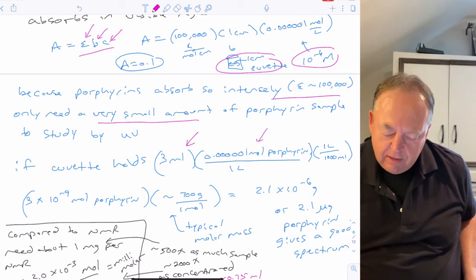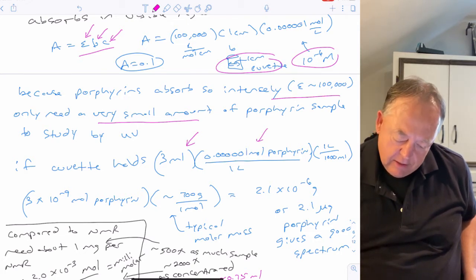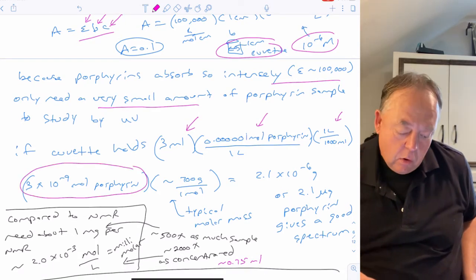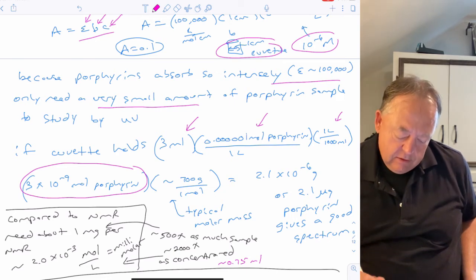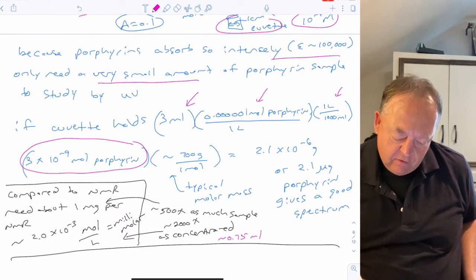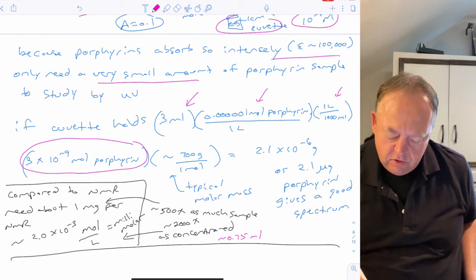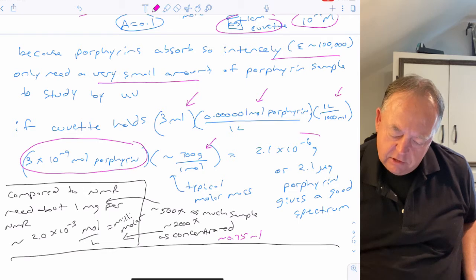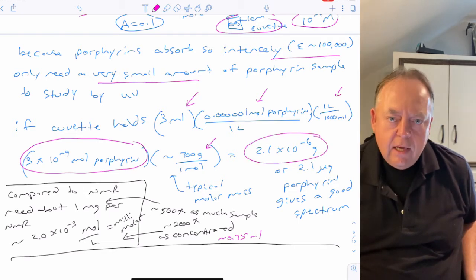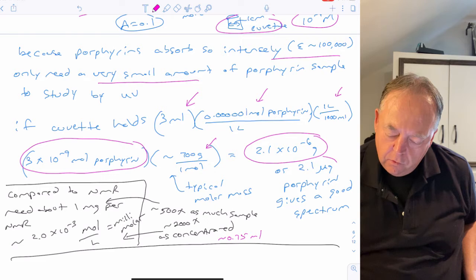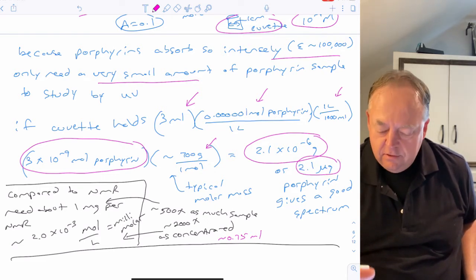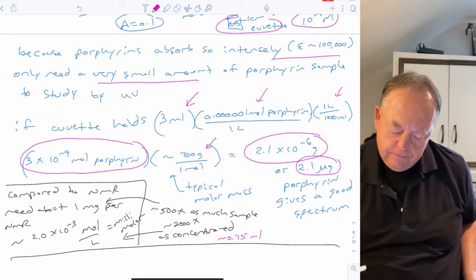The concentration is about 1 × 10⁻⁶ molar. If we convert mL to liters, that means in that cuvette we have about 3 × 10⁻⁹ moles of porphyrin. The typical mass of our porphyrins is anywhere from 700 to about 1,000 grams per mole. If we just take 700 grams per mole, in that cuvette we would have 2.1 × 10⁻⁶ grams, or 2.1 micrograms, of porphyrin. So we don't need a lot of porphyrin to observe its UV spectrum.